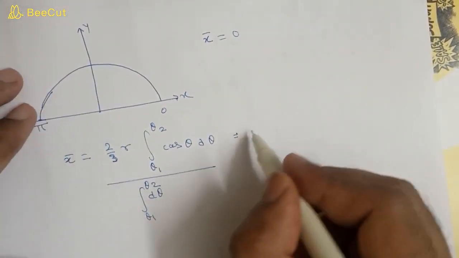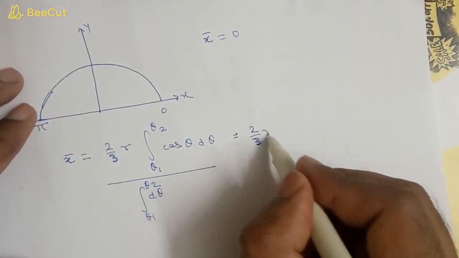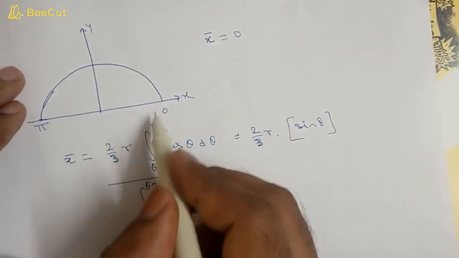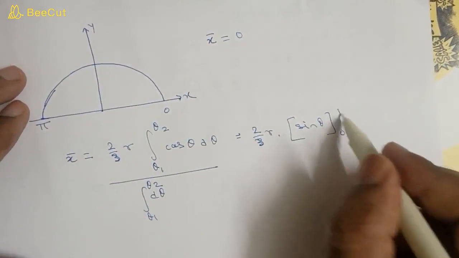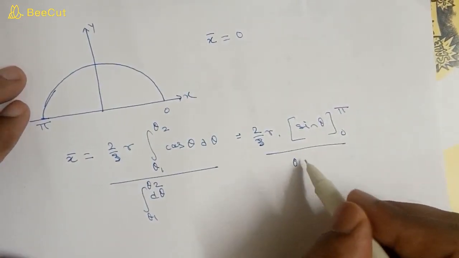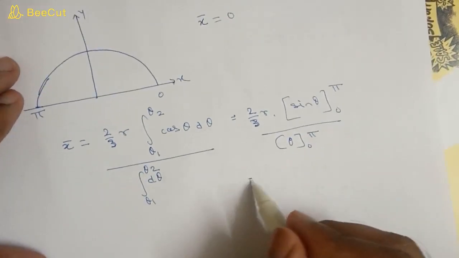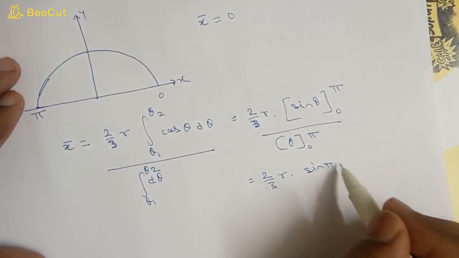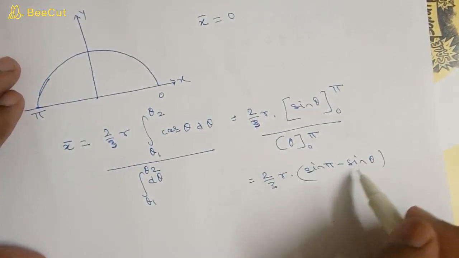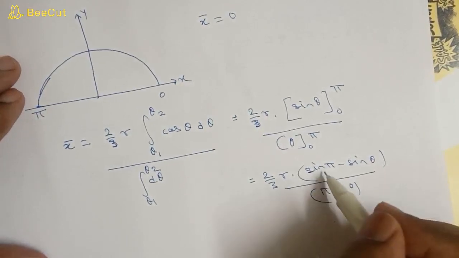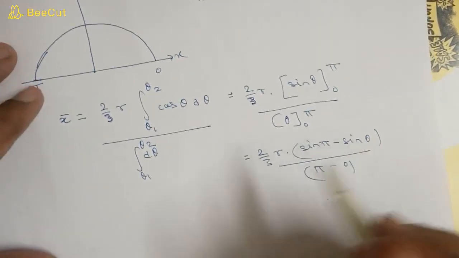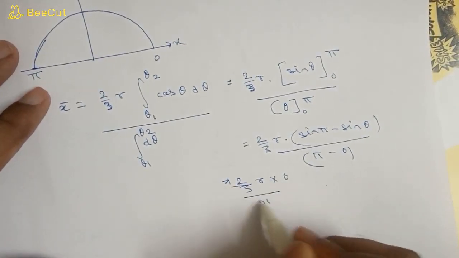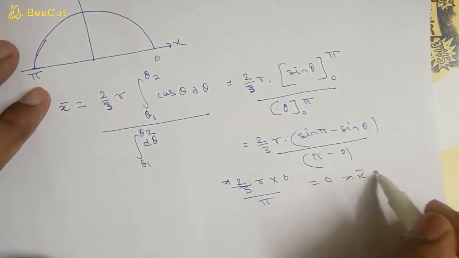So it will be 2 by 3 r into the integration of cos theta, which is sin theta, and this angle is 0, this is pi, so 0 to pi, divided by theta from 0 to pi. So we will have 2 by 3 r into sin pi minus sin 0, divided by pi minus 0. So sin pi is 0 and sin 0 is also 0, so we can say that it is 2 by 3 r into 0 divided by pi is equal to 0. So x bar will be 0.